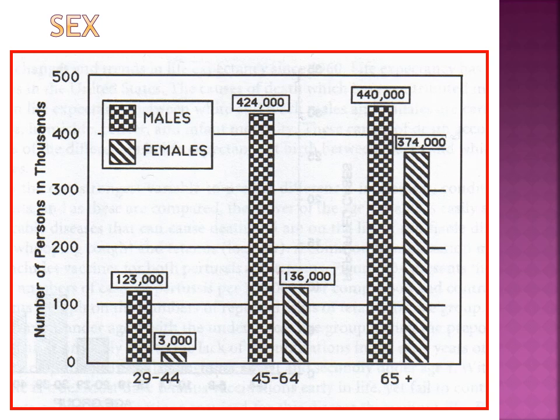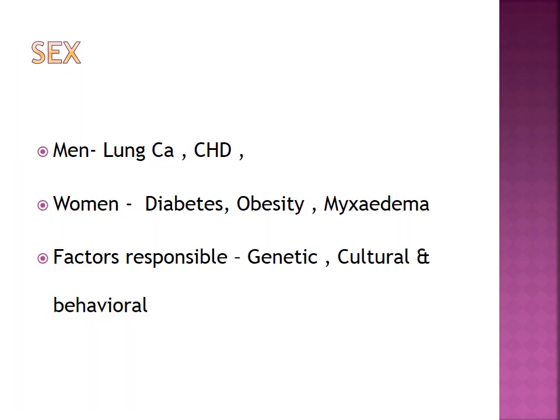But this difference is much less in those who are more than 65 years. So it gives the idea that the disease is more common in males in the younger age group, but almost equal in the older age group. We find this kind of distribution in coronary artery disease, something like that.